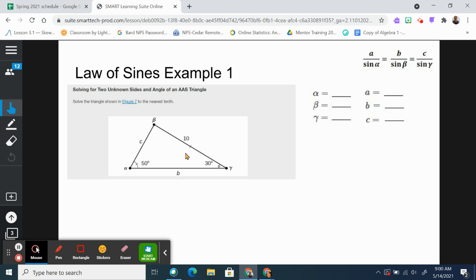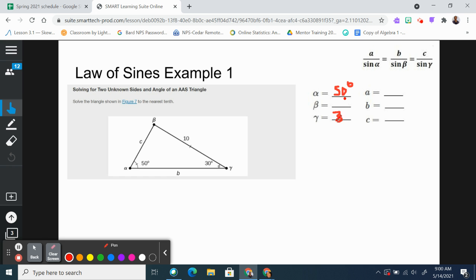So I see right here, and I'm just going to observe my information. I have information about alpha and gamma, and I can even write this information on the slide. So let me start. We see that alpha is 50 degrees, and we see that gamma, let me just move down, gamma is 30 degrees.